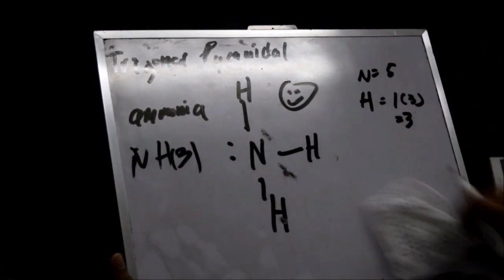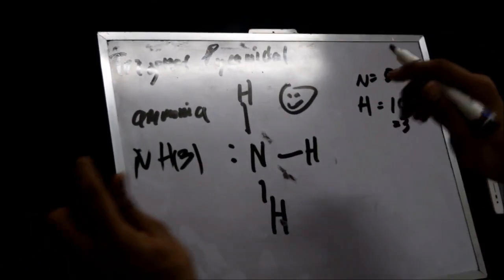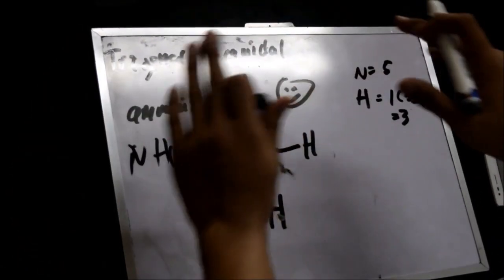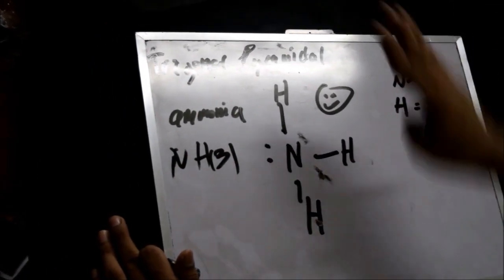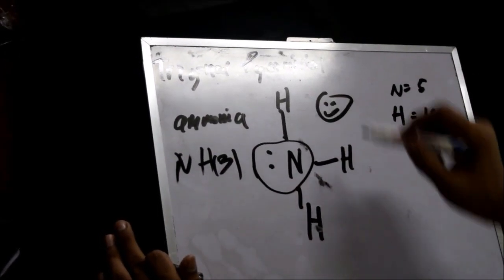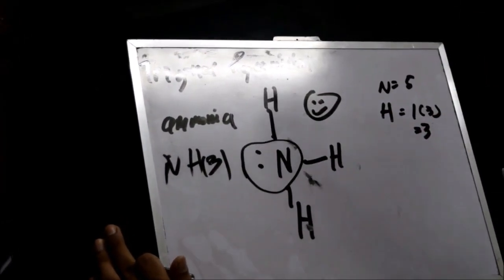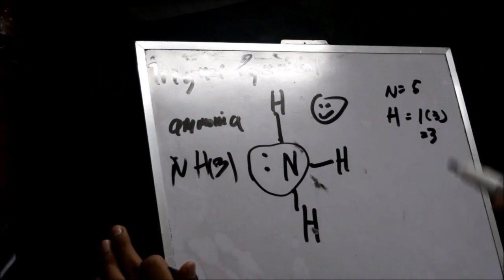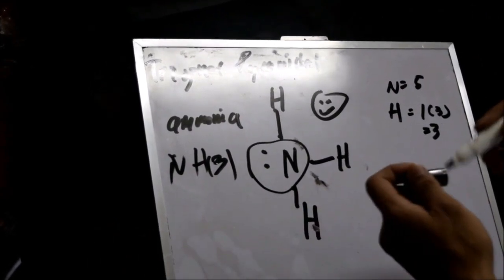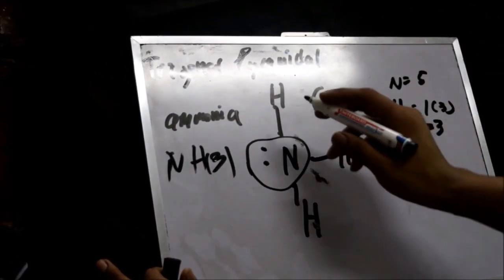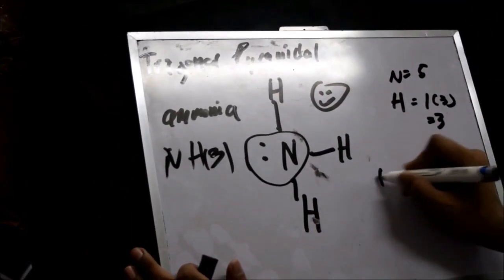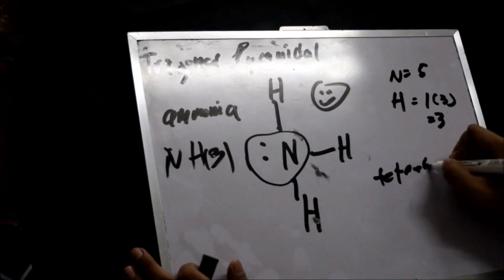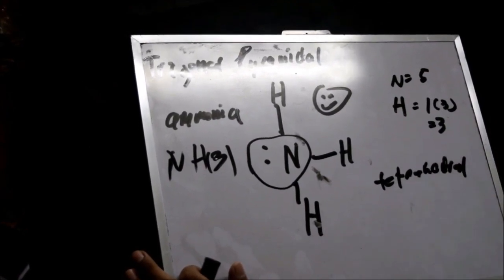Now it reduced the bond angle from 109.5 degrees to 107 degrees, because it's like a tetrahedral angle, and changed the geometry from tetrahedral to trigonal pyramidal. So the trigonal pyramidal is related to the tetrahedral form, and this is the tetrahedral form.